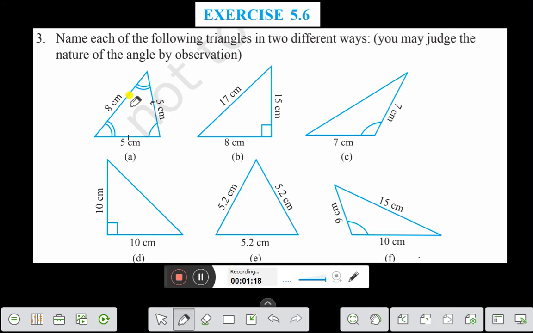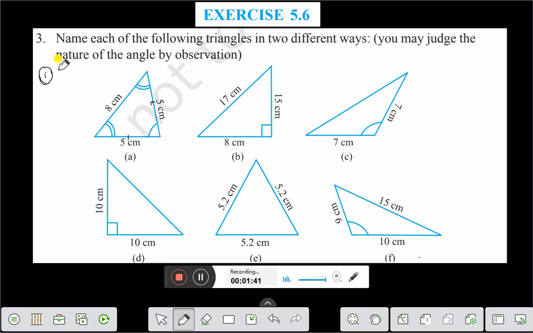That means according to naming of sides we can say that here you see the two sides of the triangle are the same, therefore it is known as isosceles triangle according to side.